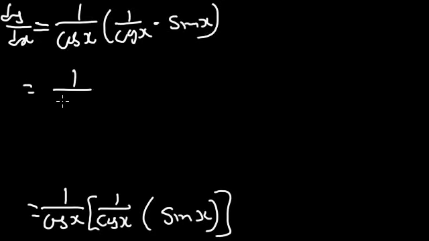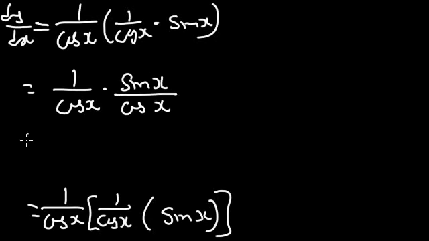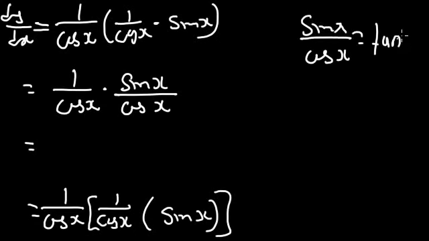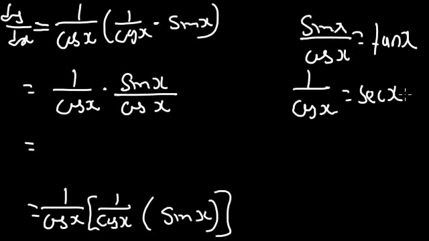This is equal to 1 over cos x times sine x over cos x. Now sine x over cos x is equal to tan x, and 1 over cos x is equal to sec x. So therefore we have sec x tan x, and this is how the derivative of sec x becomes sec x tan x.